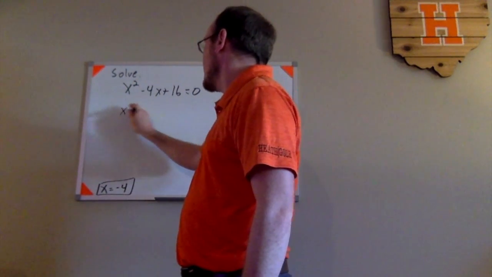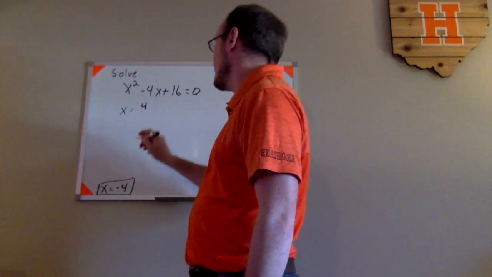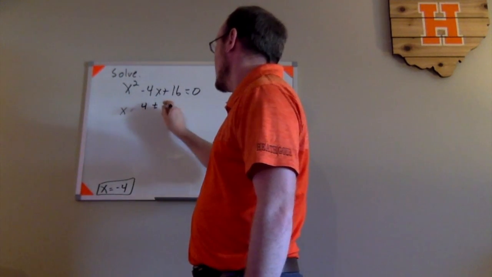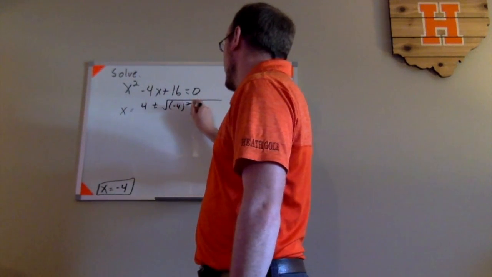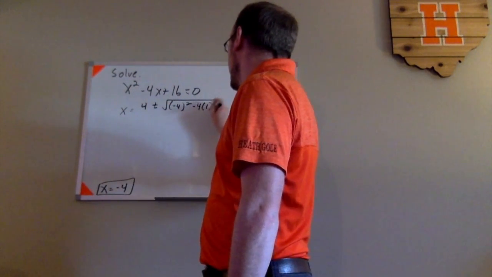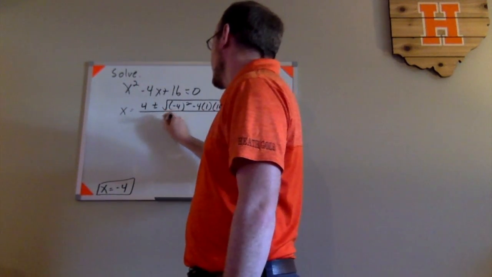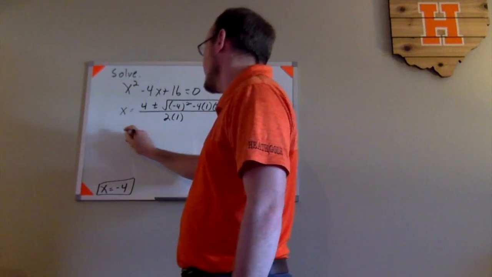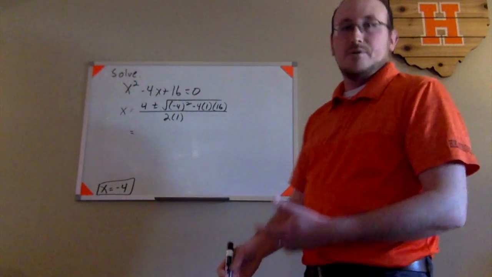I will have x equals the opposite of b. In this case, if b is negative 4, the opposite of that would be positive 4, plus or minus the square root of b squared minus 4 times a times c, all divided by 2 times a. Again, at this point, I would recommend going ahead and computing your discriminant.